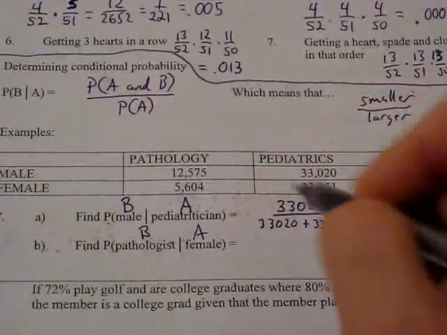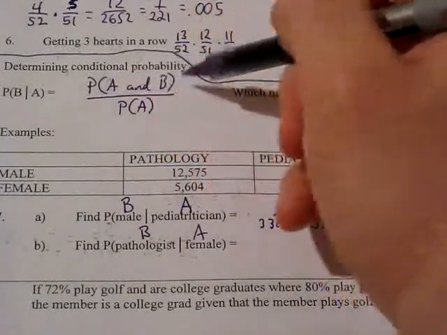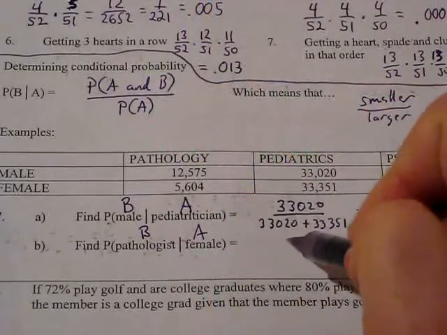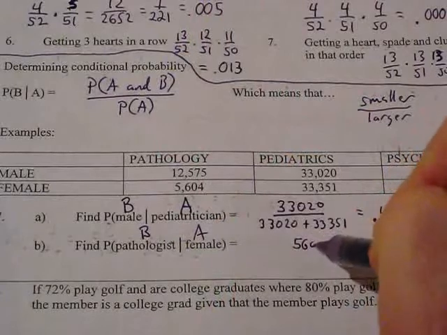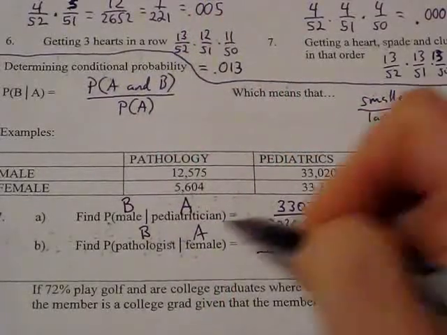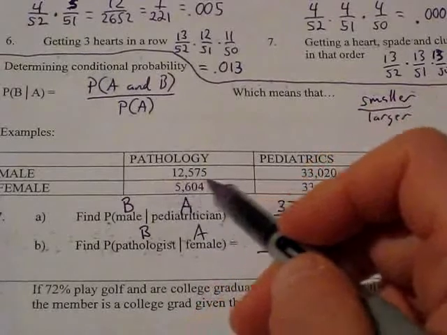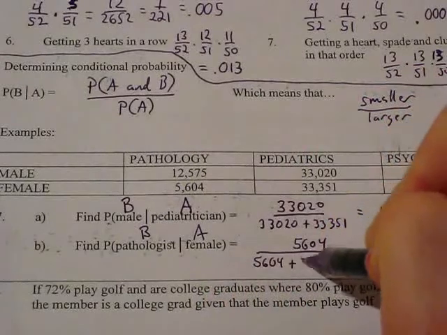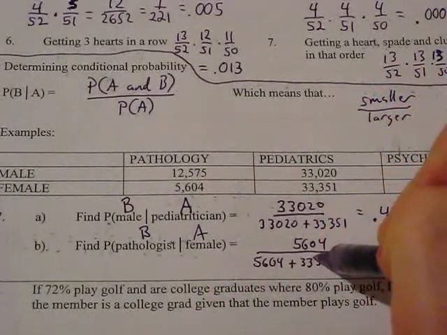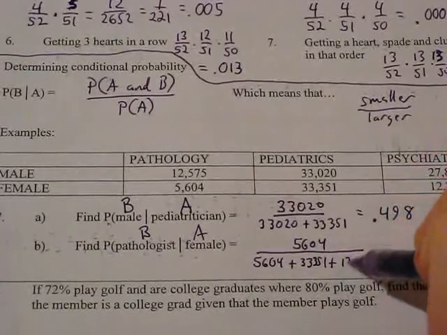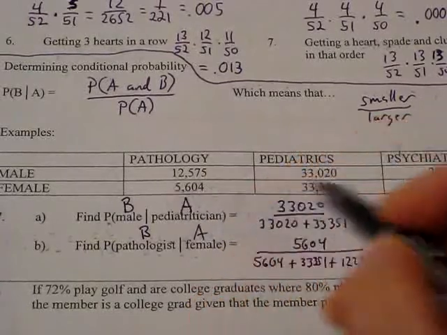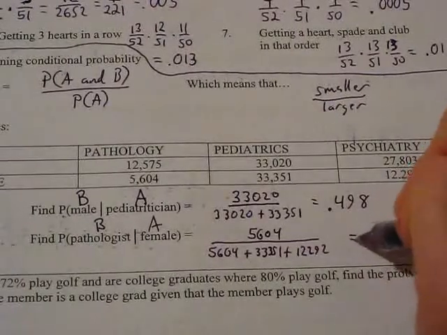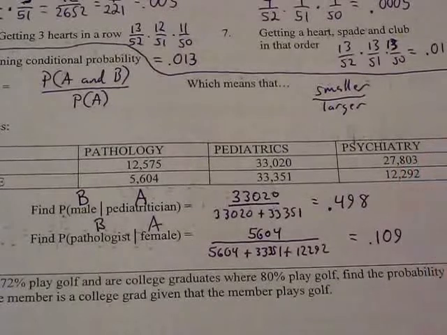Well, let's go look at our formula here, the probability of A and B. So we're going to look at females who are pathologists, and that is going to be 5,604 over, now we're going to look at the probability of A, well, just picking all the females here, so 5,604 plus 33,351 plus 12,292. So we're adding up all the females in that bottom. Divide the two, we get about 11%, or 10.9%.